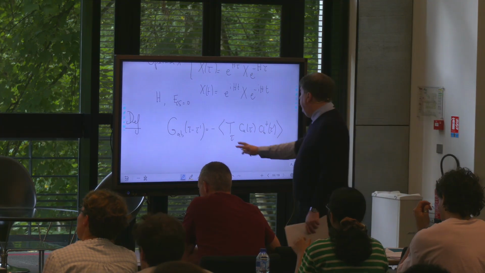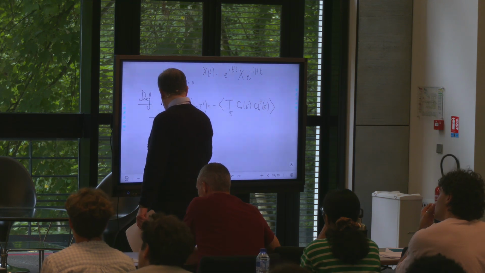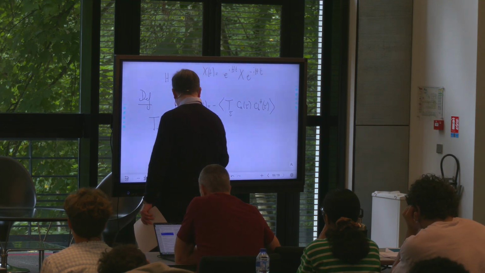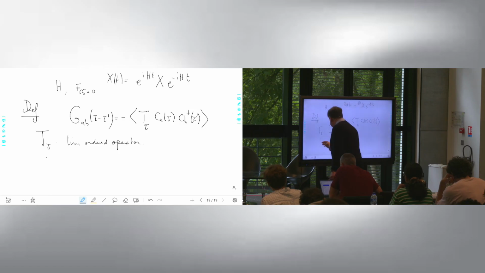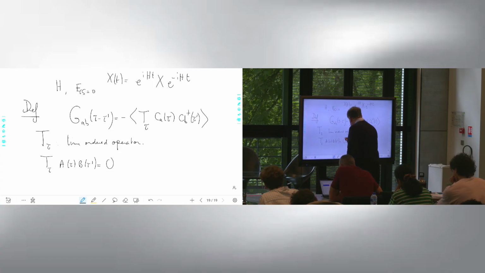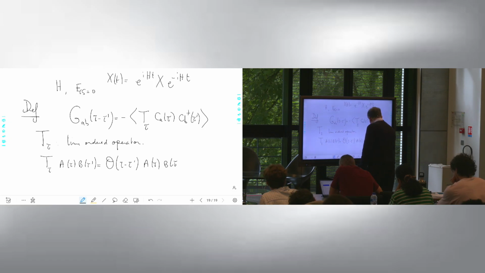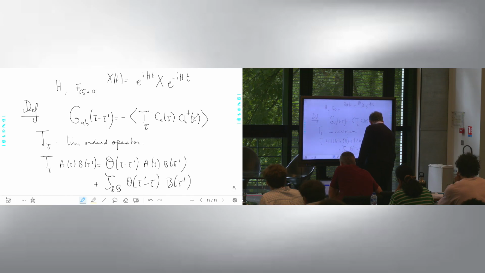Now, T tau is a time-ordered operator, which is defined such that T tau of any two operators A at tau, B at tau prime is such that, just to write it correctly, theta function of tau minus tau prime, A of tau, B of tau prime, plus zeta times theta of tau prime minus tau, B of tau prime, A of tau.